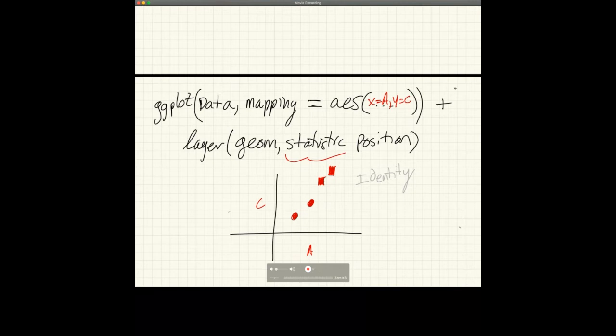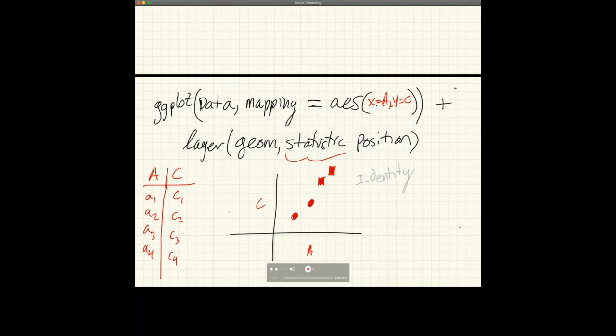This would mean that each row of our tidy data frame has two components, one for A and one for C. This would be something like A1, A2, A3, A4, and this one would be something like C1, C2, C3, C4.